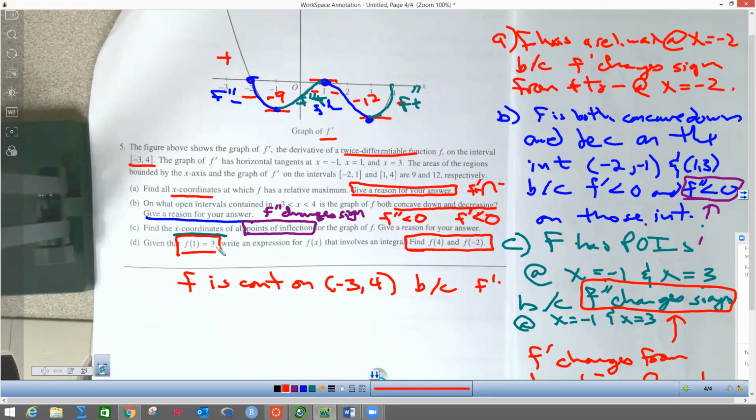And we know f of 1 is 3. Okay, so let's see. F of 1 is 3. Now this involves an integral. I don't know if I really like this problem very well, but we're going to do it anyway because they don't tell us where we started at 0, do they? Let's see, we know this is positive right here, the original graph.